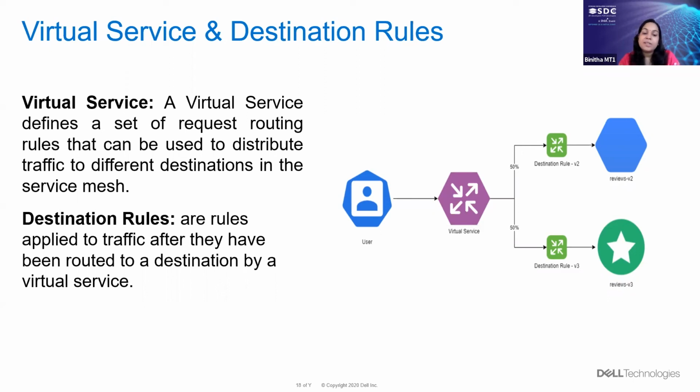So a virtual service defines a set of request routing rules that can be used to distribute traffic to the different destinations in your service mesh. The destination rules are the rules that apply to traffic after it has been routed to a particular destination by the virtual service. So from the subsets, it will choose which one it should go to.